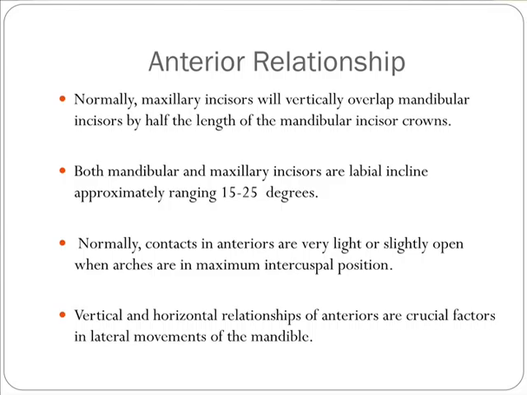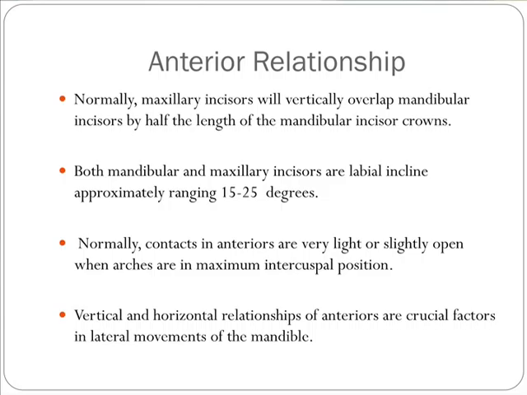Both mandibular and maxillary incisors are labially inclined at an angle of approximately 15 to 25 degrees toward each other. Normally, contacts in the anteriors are light or slightly open when the arches are in maximum intercuspation position.